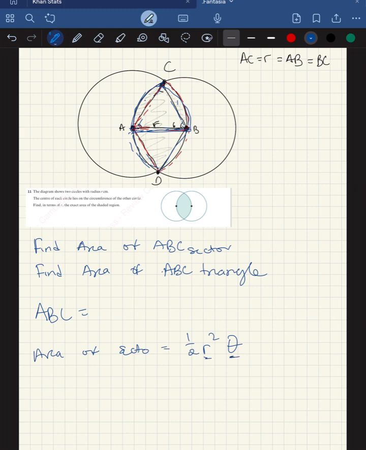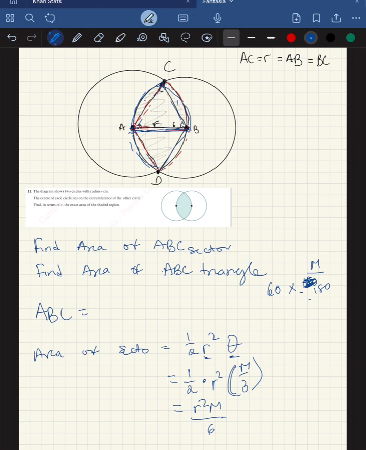Do we have the radius? Do we have the angle? We do. So this is going to be 1/2 times, what's the radius? They didn't give us the radius, so this is r squared. Let's use radians. I know that this is 60 degrees times pi over 180, and that's going to be pi over 3. So the area becomes r squared pi over 6.